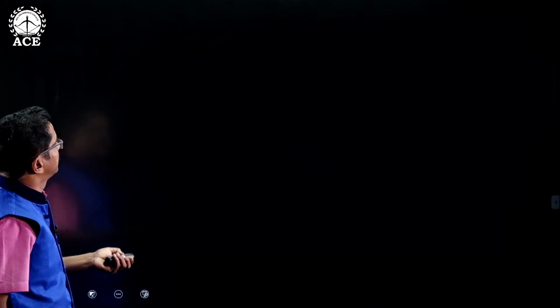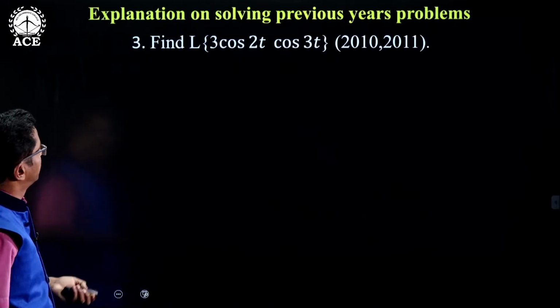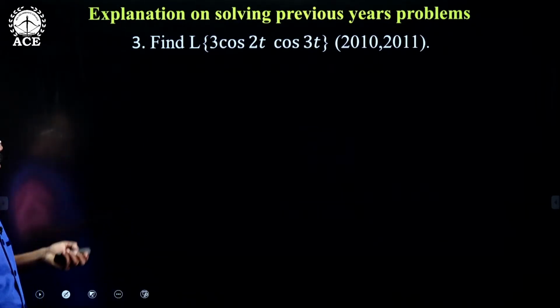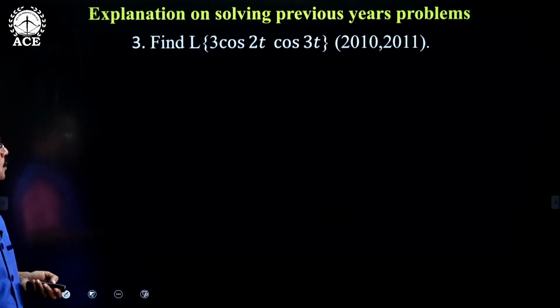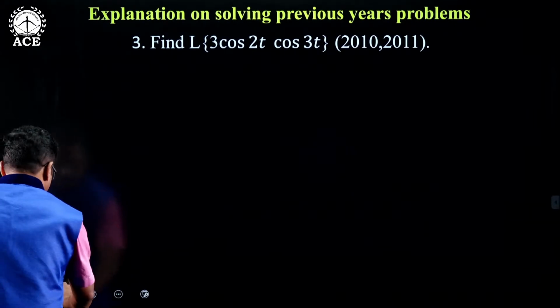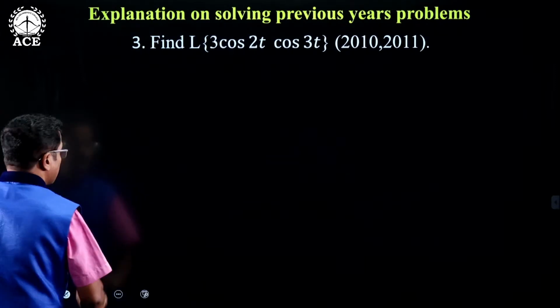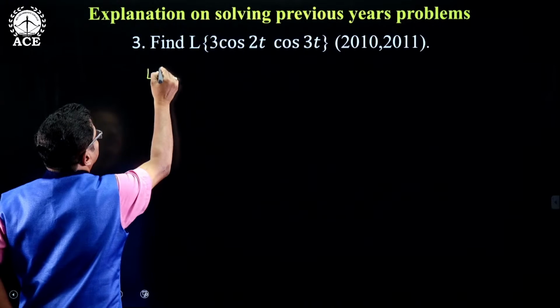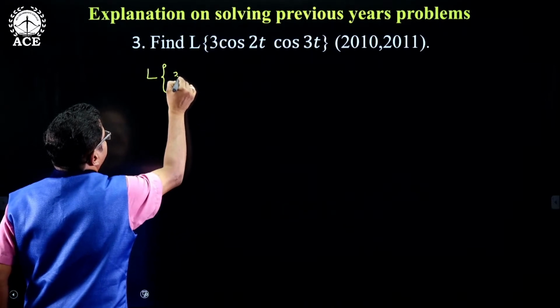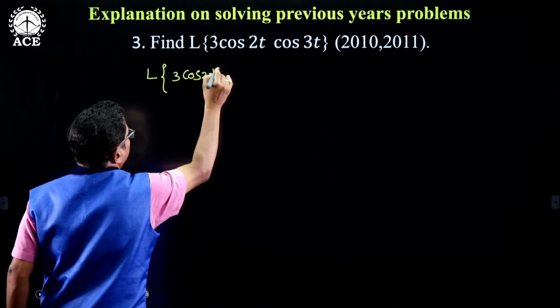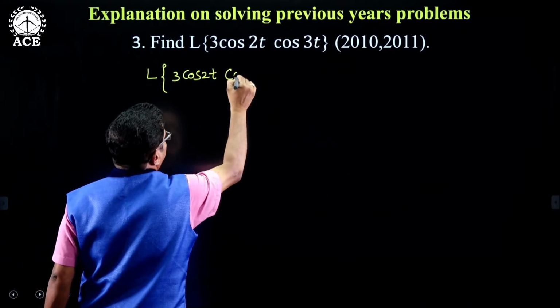Next, even similarly you can also do this. L of 3 cos 2t into cos 3t. See, L of 3 cos 2t cos 3t.